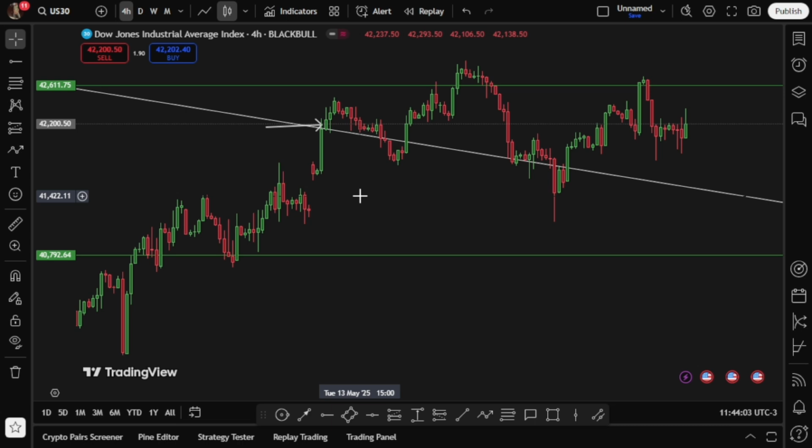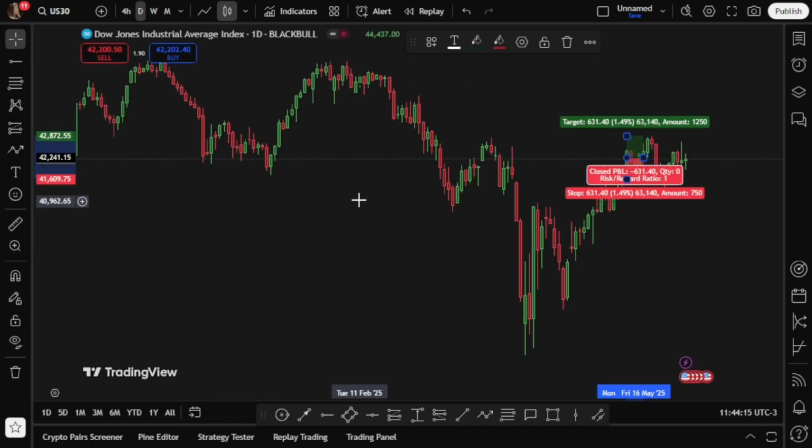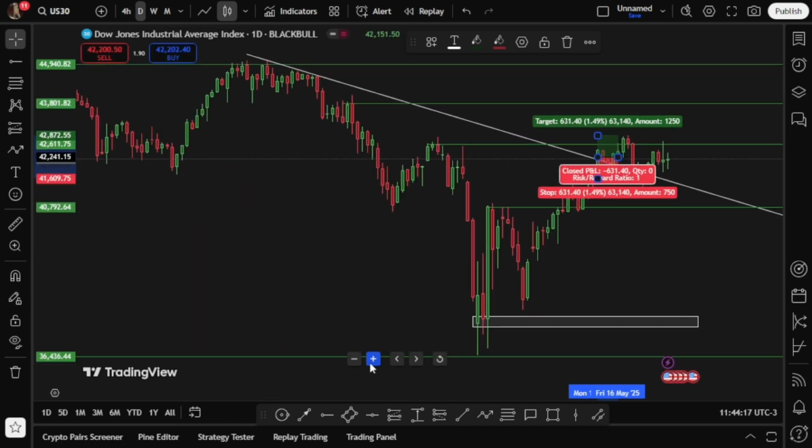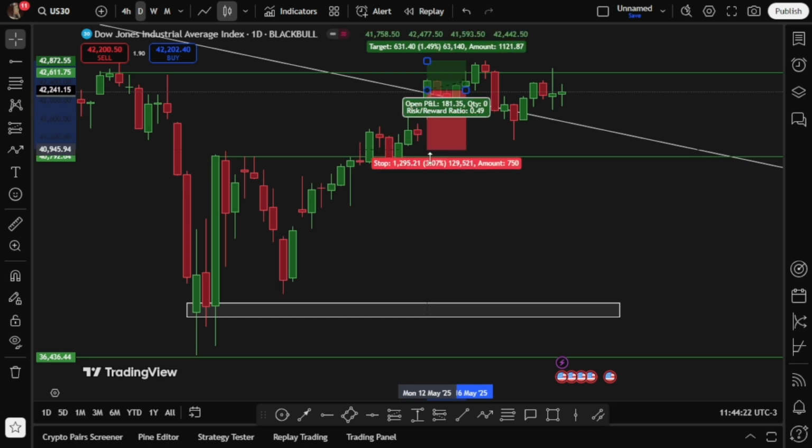Then, for a fact, I knew that price is ready for a reversal. So my entry came there. I took a long at the close of that candle, and I kept my stop loss below the neckline.